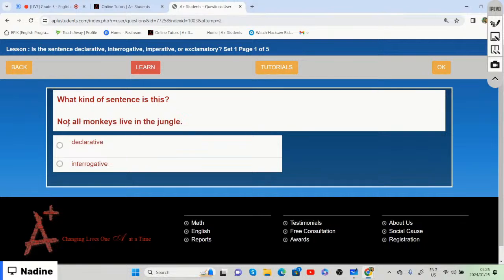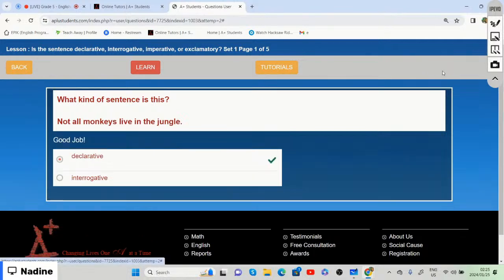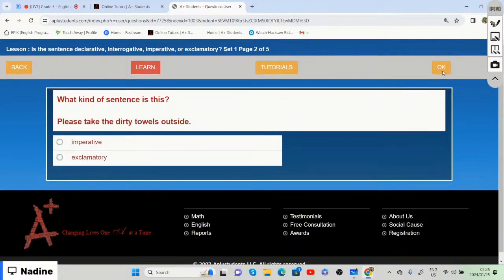We can say that's a declarative sentence. And it also ends with a period. So well done. Great job. First one is correct.